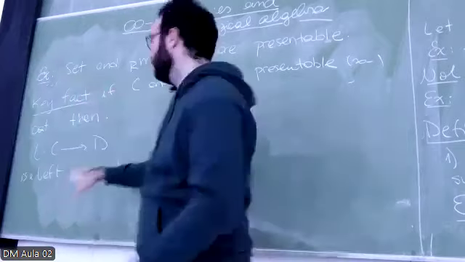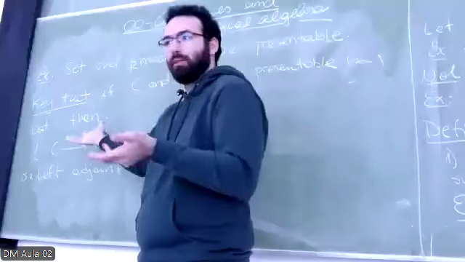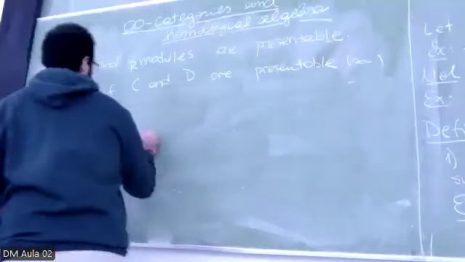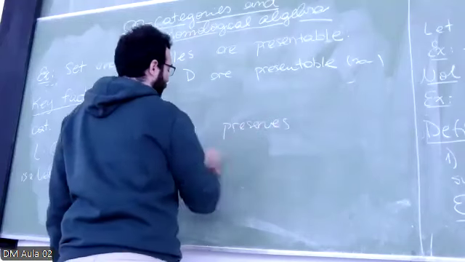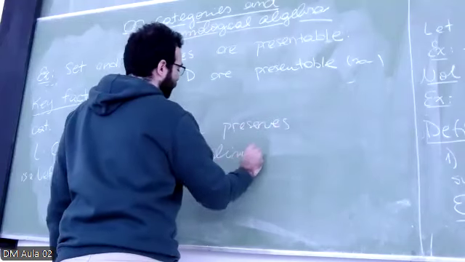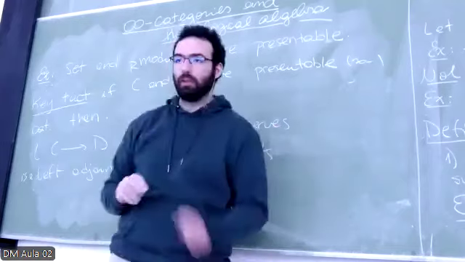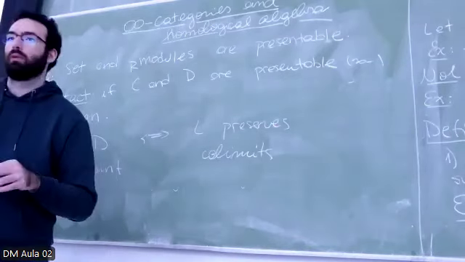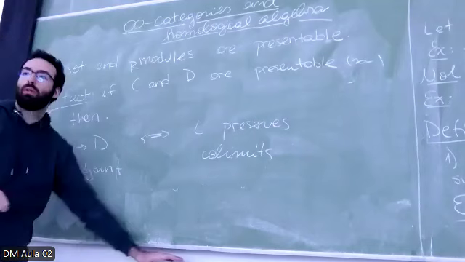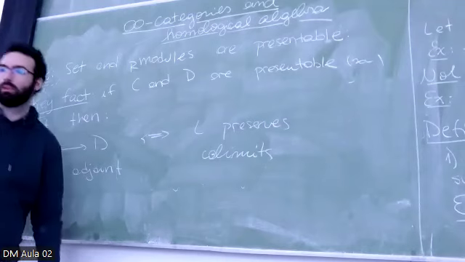So this is the left adjoint of some adjunction, if and only if L preserves colimits. Yes, presentable means lambda presentable for some lambda. I'm asking for both to be, yes.